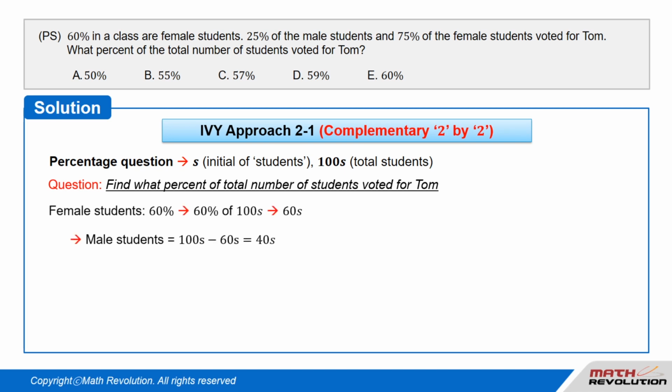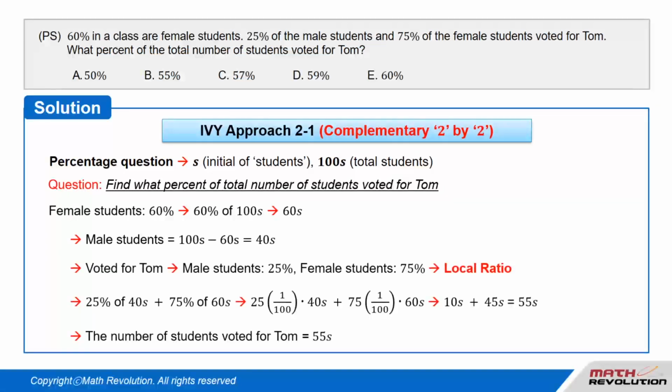60% in a class are female students. So it is 60% of 100S. That is 60S. And therefore, the number of male students becomes 100S minus 60S equals 40S. 25% of the male students and 75% of the female students voted for Tom.